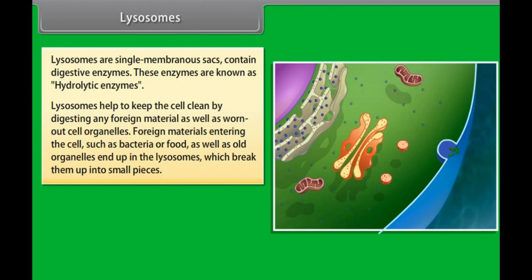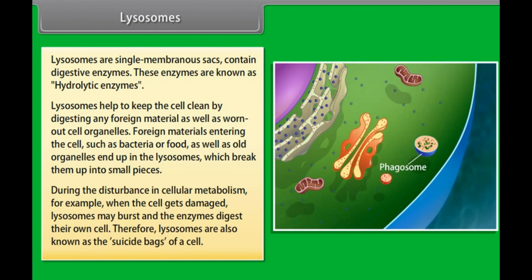Foreign materials entering the cell, such as bacteria or food, as well as old organelles, end up in the lysosomes, which break them up into small pieces. During the disturbance in cellular metabolism, for example, when the cell gets damaged, lysosomes may burst and the enzymes digest their own cell. Therefore, lysosomes are also known as the suicide bags of a cell.